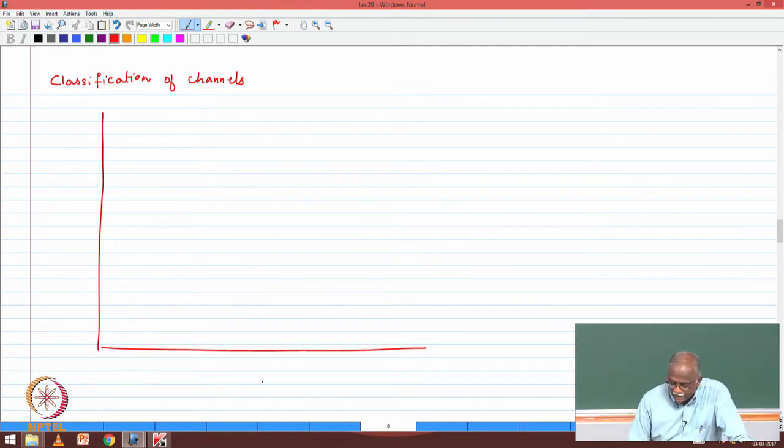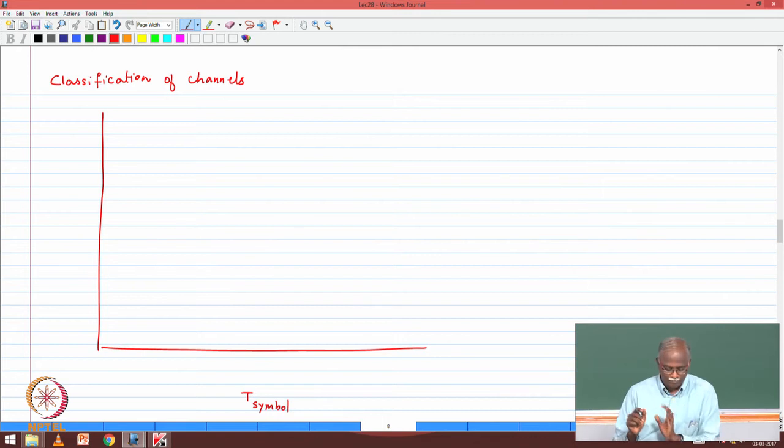One is going to be the time dimension, which is going to be characterized by the symbol duration. So I have a waveform, I have a symbol, there is a duration of the symbol. Okay. Now on the other side, the signal bandwidth.